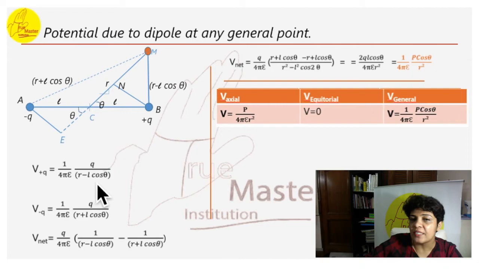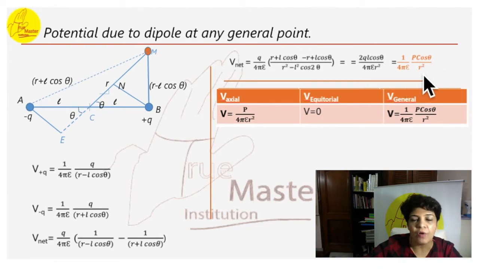So when we put R minus L cos theta and R plus L cos theta here and add them up, taking q by 4 pi epsilon naught outside, mathematically solving this equation, we will have 2ql cos theta by 4 pi epsilon naught r square. Now 2ql can be written as the dipole moment, so it will be p cos theta by 4 pi epsilon naught r square.